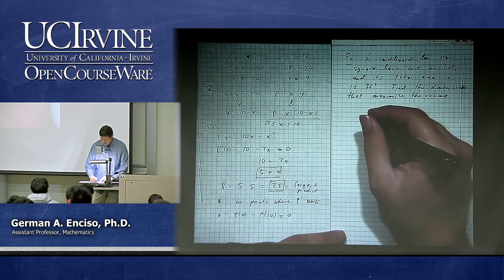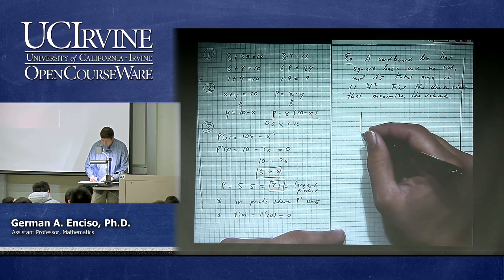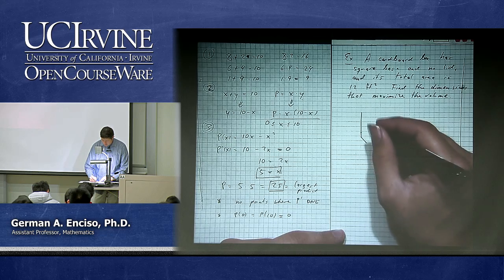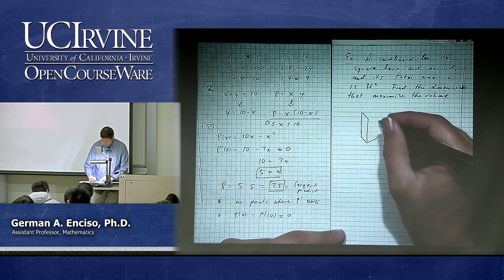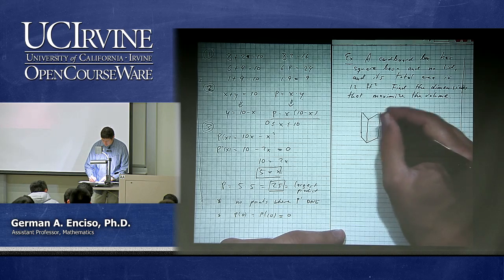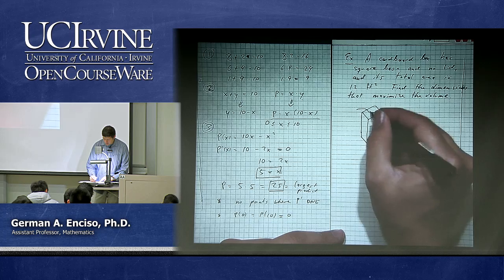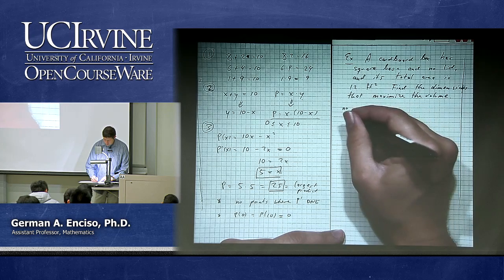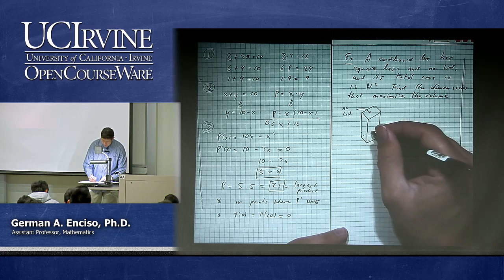So let's think about possible scenarios. We can have a pretty tall box. Okay? Remember, no lid. No lid. Okay, so it's really only the bottom part.